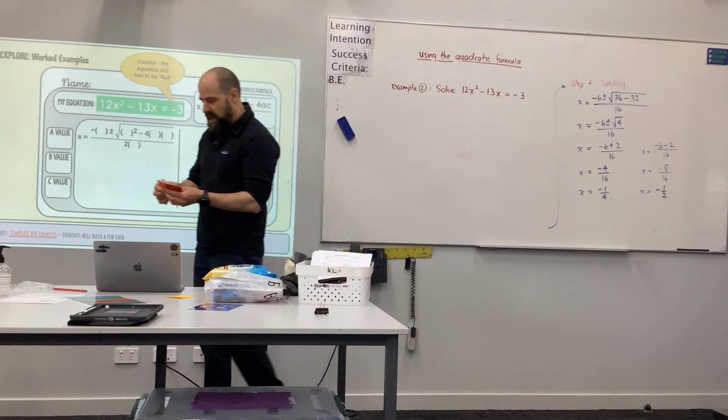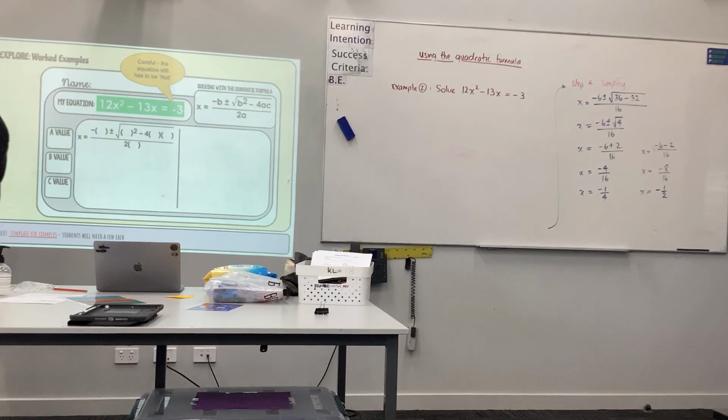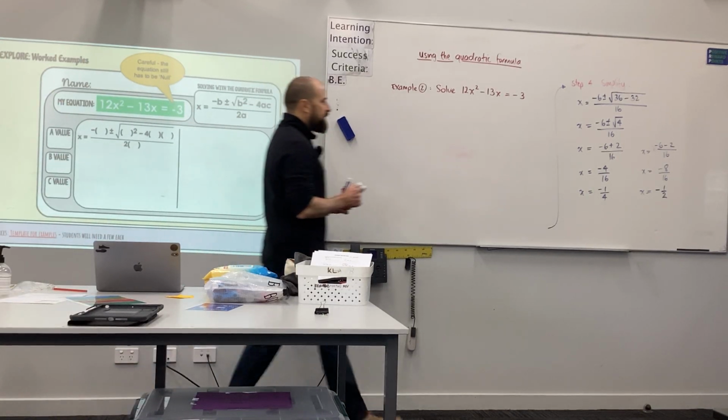Okay, so Mitchell or Sam, whoever did come up with it first, I'm going to attribute to Mitchell. The first thing I need you to notice is that this doesn't equal 0. Just like the null factor law, when we're solving quadratics, the first thing we have to do is get it to equal 0. So the first thing I'm going to do is rearrange.